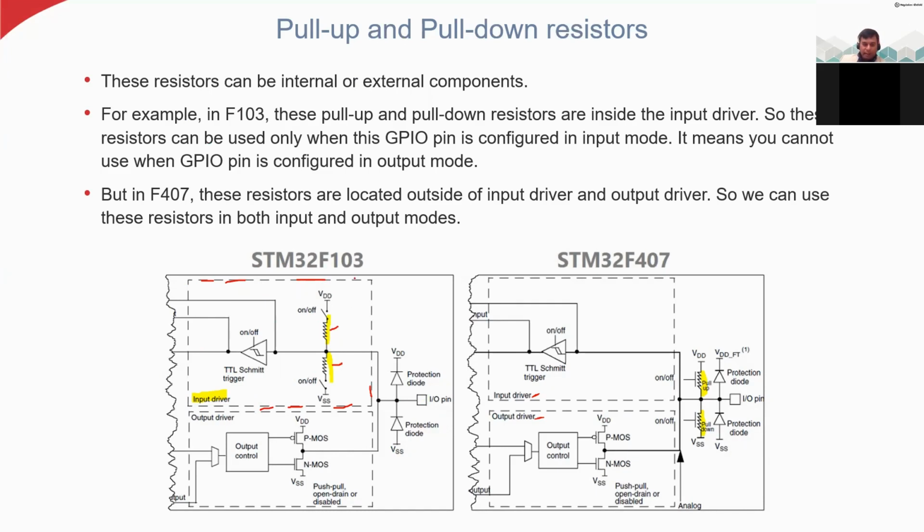This is the diagram for the F103 microcontroller, and this is the diagram for the F407 microcontroller. Each microcontroller's block diagram may be a little bit different. For example, in F103, these pull up and pull down resistors are inside the input driver, this box, and this is the output driver.